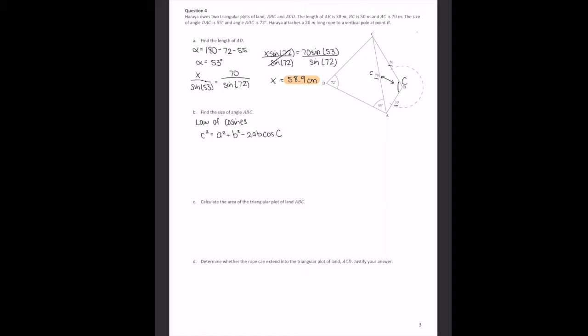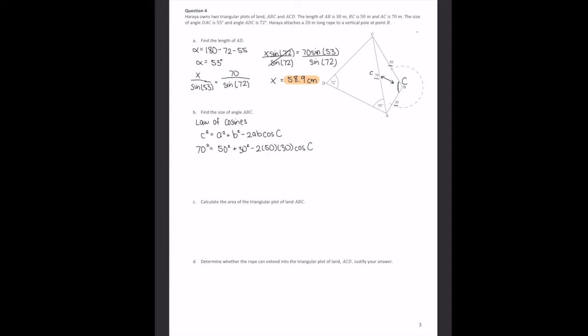Then it doesn't matter at this point which side you let be a or b. The 50 and the 30 are interchangeable. So in the formula I have 70 squared is equal to 50 squared plus 30 squared minus 2 times 50 times 30 times the cosine of C once we plug in our sides.